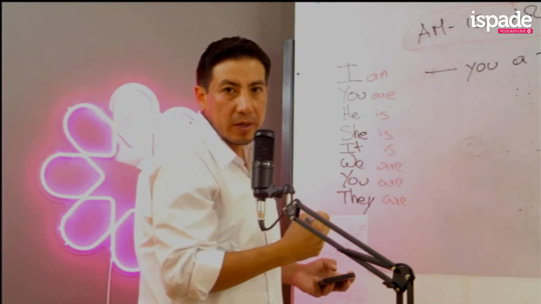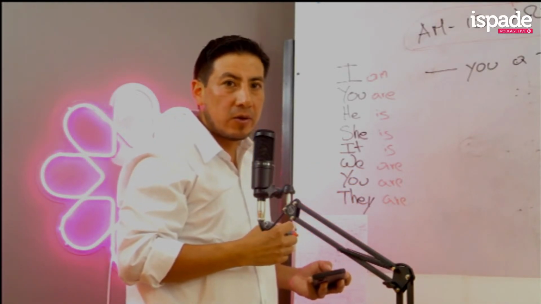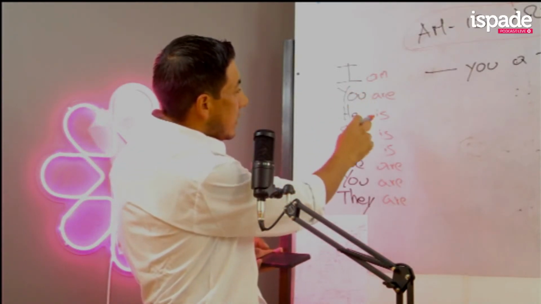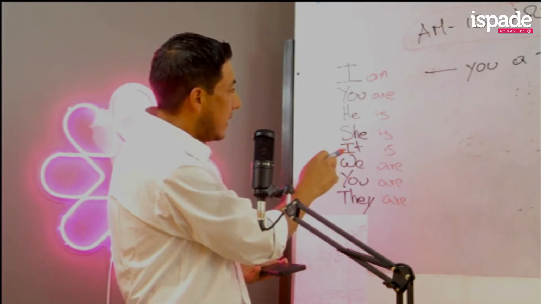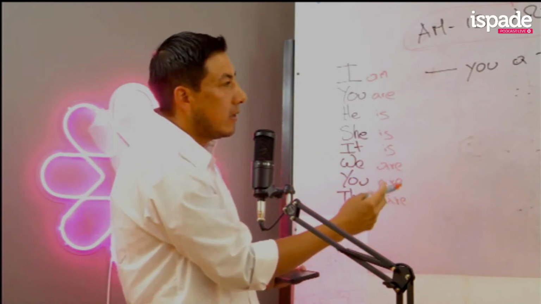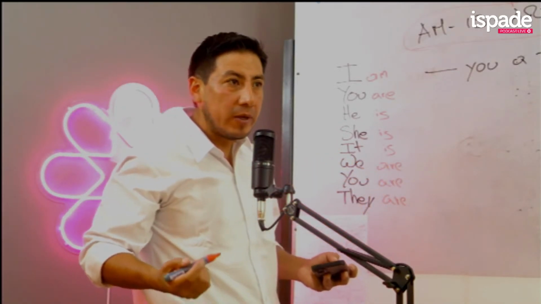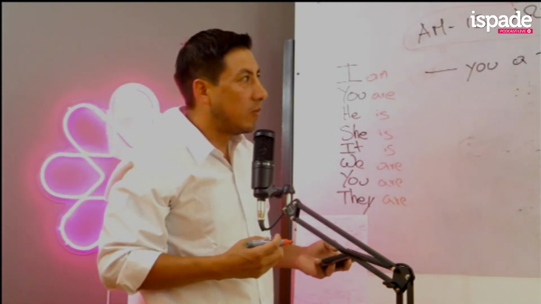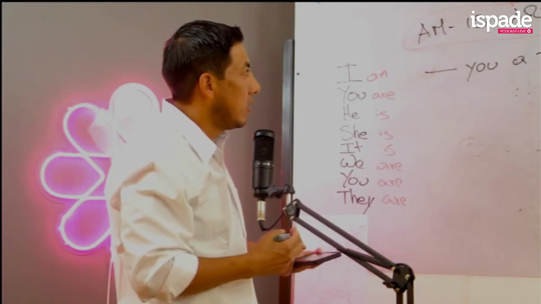O el mismo verbo también puede ser significado con la palabra o el verbo estar. Yo estoy, tú estás, él está, ella está, esto está, nosotros estamos, ustedes están, ellos están. So it's simple. That is the verb to be. Now we are going to complete this example. You.